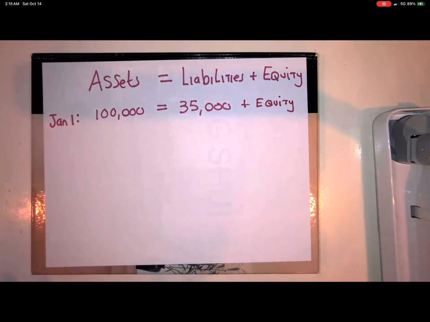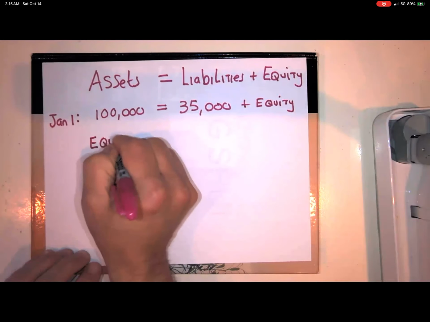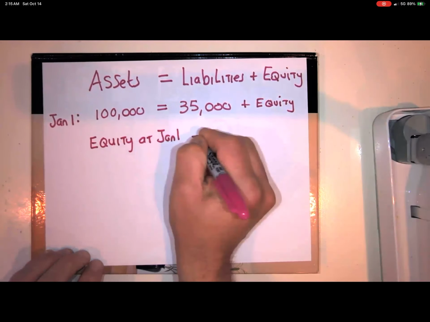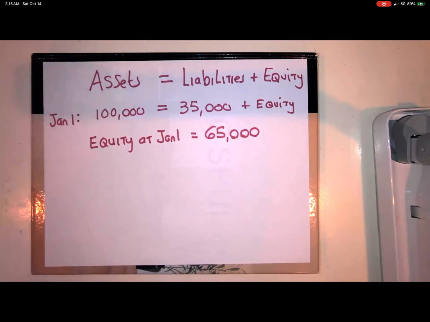So without any real problem, we can figure out that the equity at January 1 would have been equal to $65,000.